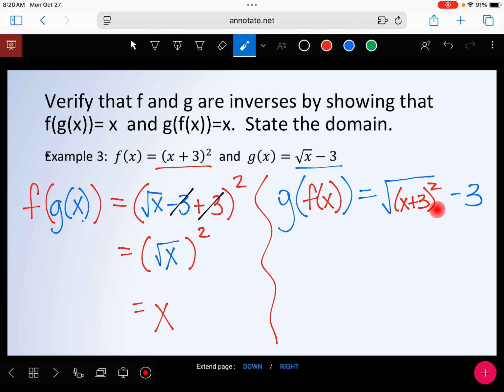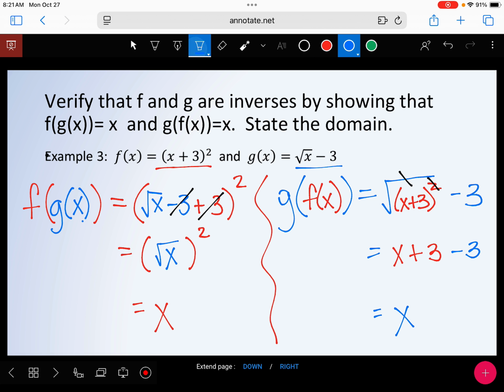So because it's all in a group being squared, the square is going to go away, and so will the square root. And that's going to leave me with just x plus 3, and then the minus 3 that's on the outside. And then at the end, again, we end off with just x. So again, it's your choice to pick. Now this one actually does have a red light.